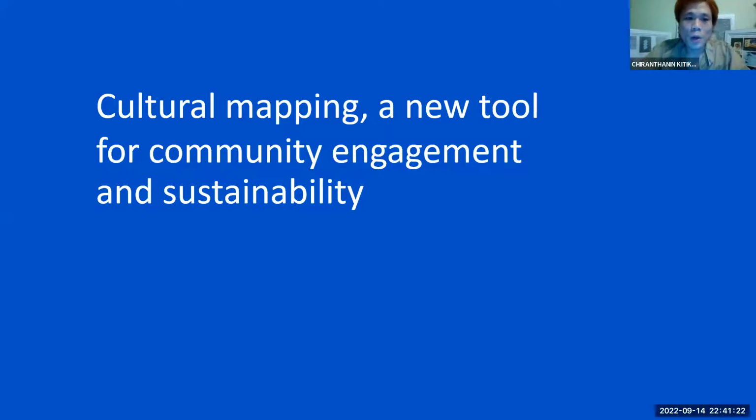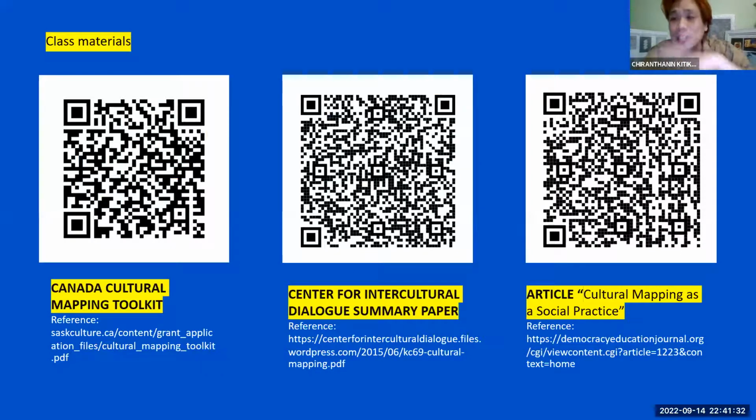So cultural mapping is the new tool for community engagement and sustainability for sure. Okay, from this data and this knowledge that I told you, I mixed and analyzed from these three papers, so you can read the original papers on this screen right now.